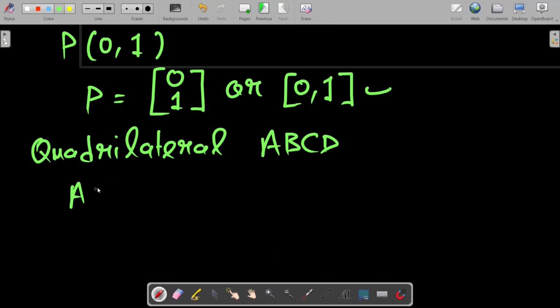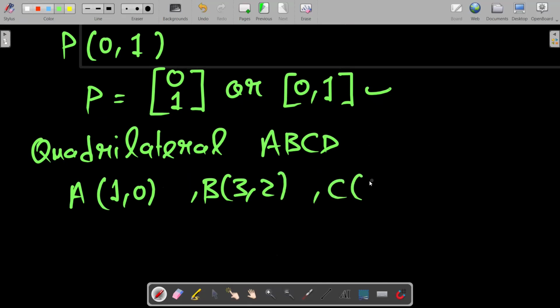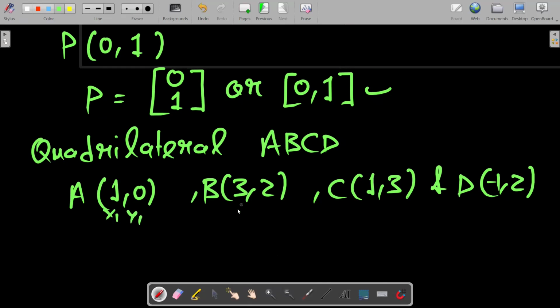Vertices are A(1, 0), B(3, 2), C(1, 3), and D(-1, 2). So we can represent this quadrilateral ABCD in the matrix form, and suppose that this is A(x1, y1), B(x2, y2), C(x3, y3), and D(x4, y4).